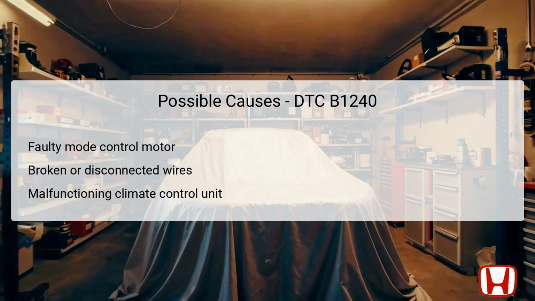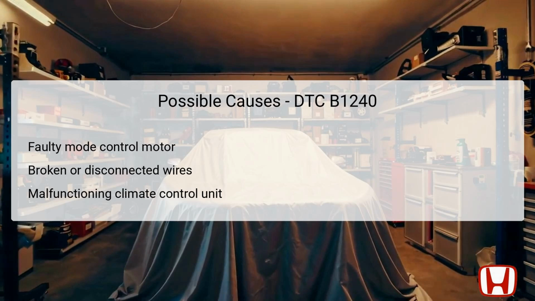There are several potential causes for DTC B1240 that need to be examined during diagnostics. One common issue may be a faulty mode control motor, which can malfunction and fail to respond appropriately to inputs from the climate control unit. Additionally, broken or disconnected wires within the circuit could interrupt the signal flow necessary for proper operation.